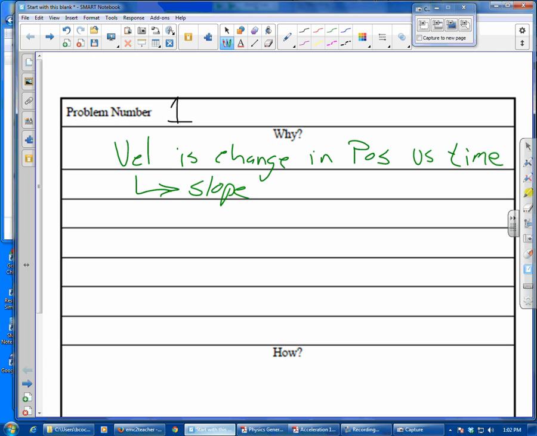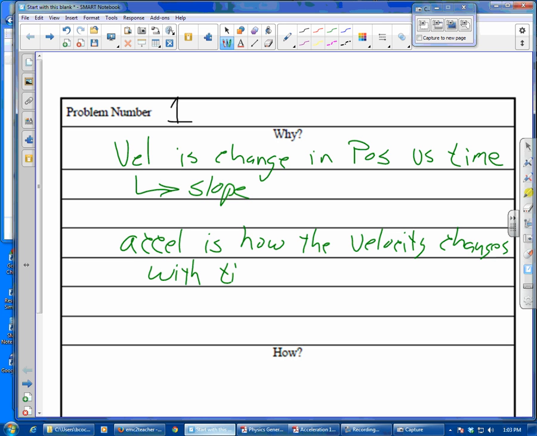And then we also need to remember, if I look down further in the problem, it starts talking about acceleration. And I know that the acceleration is how the velocity changes with time.